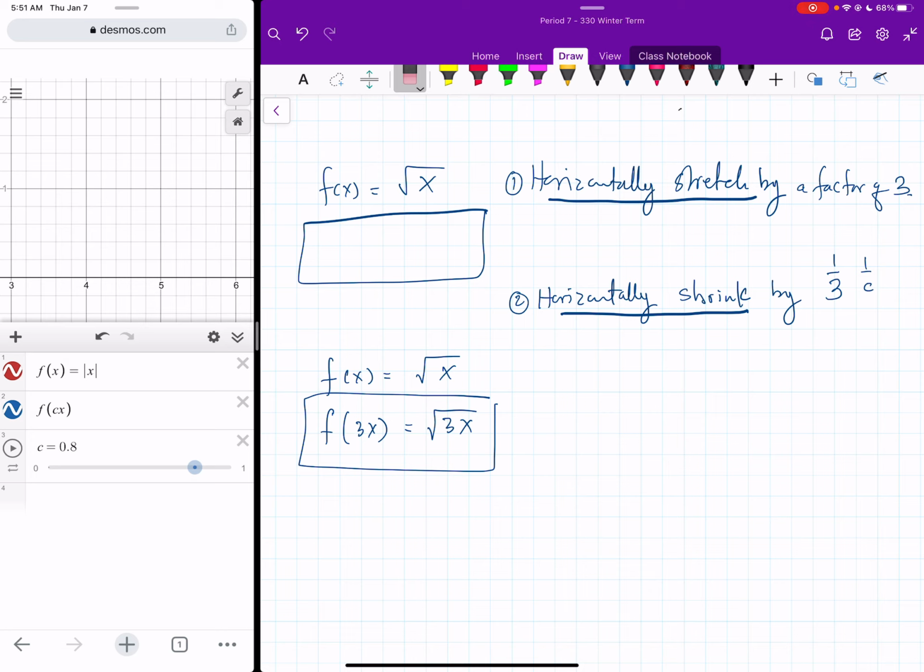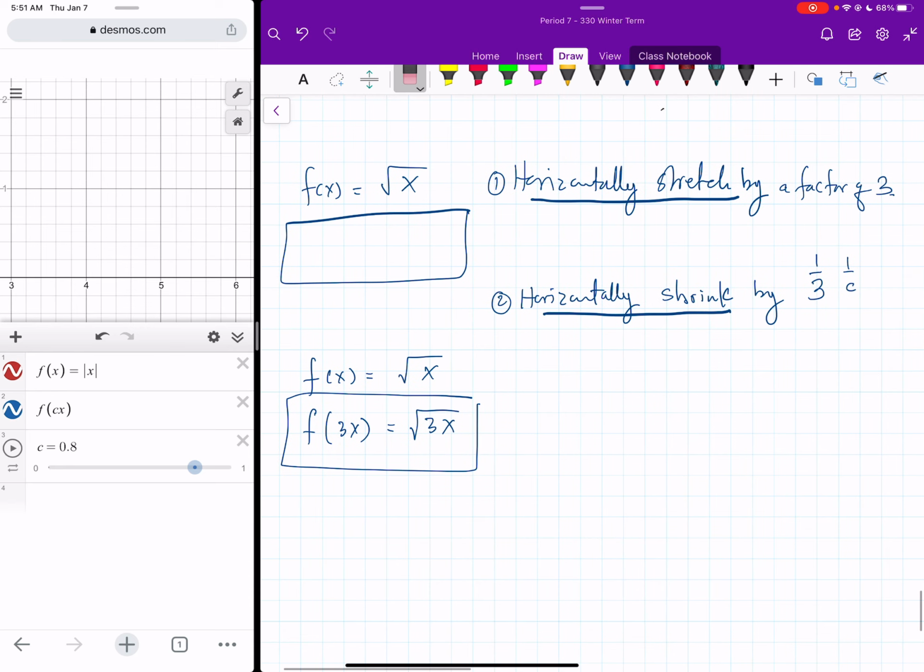Remember that when we horizontally stretch, the C is supposed to be between 0 and 1. So we can't just blindly go, this is f of 3x, and so the input changes to become square root of 3x. We cannot do that, because we need to understand what's going on.